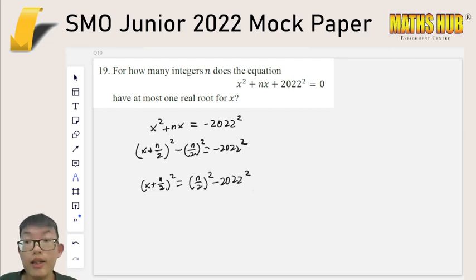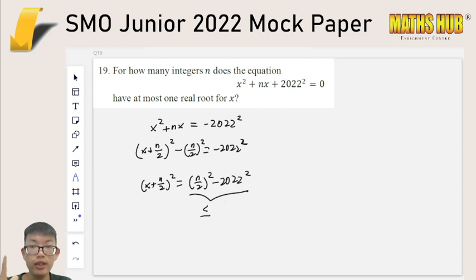It means that as long as this side is positive, I'm going to get two solutions, right? Because x plus n over 2 can be plus or minus the square root of the right hand side. So the only way in which you can have one or no solutions is that this must be either 0, which gives you one solution, or negative, which gives you no solution.